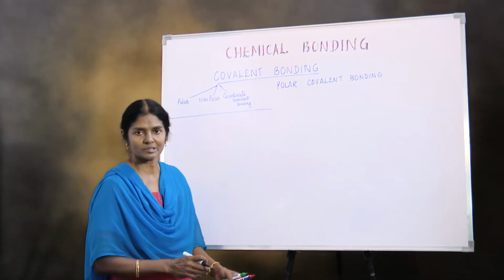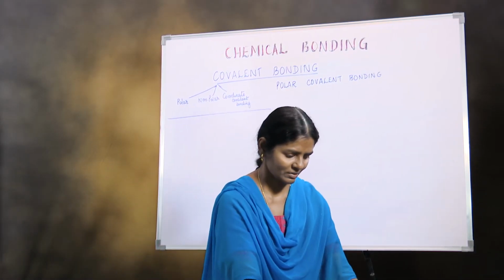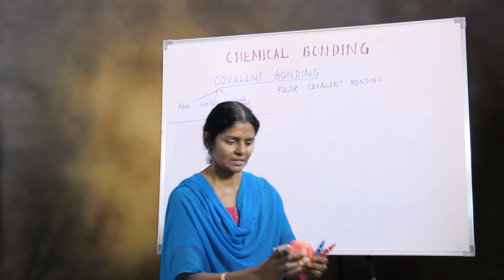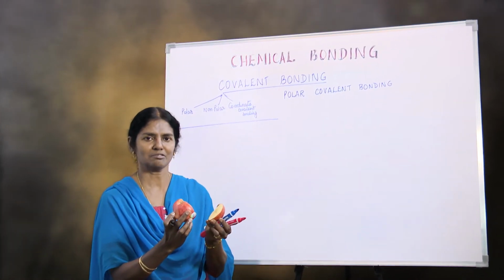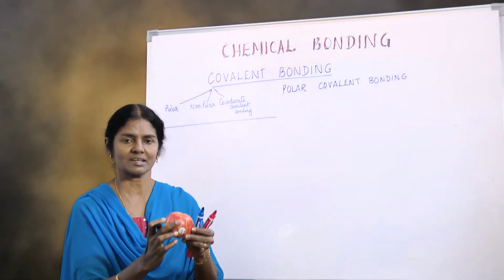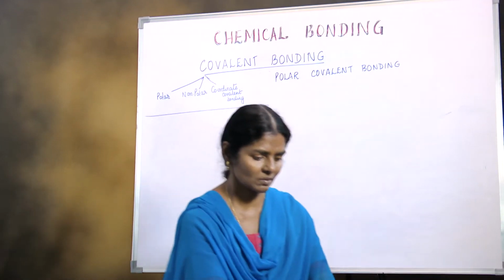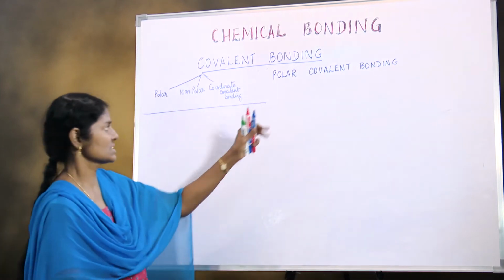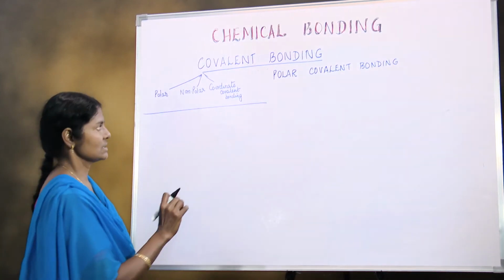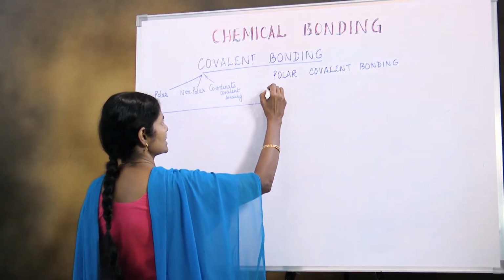Move on to polar covalent bonding, where, just as we saw, there is an unequal sharing of electrons. Just like this unequal cutting of an apple, this also is due to unequal sharing of electrons. Let's see how it goes with an example.